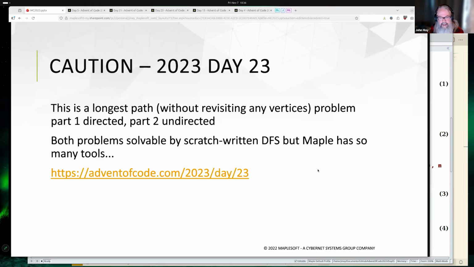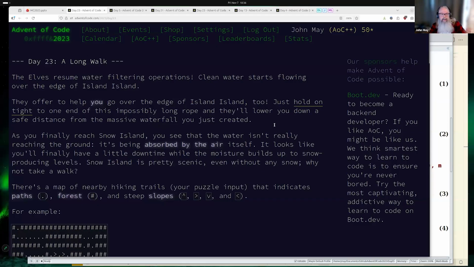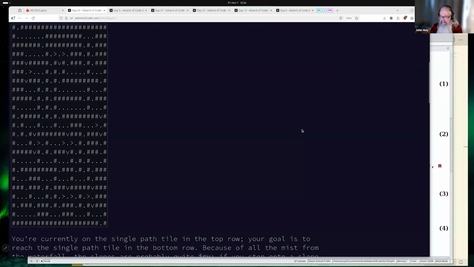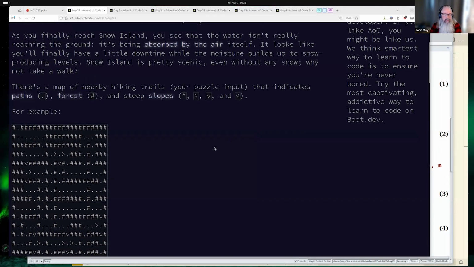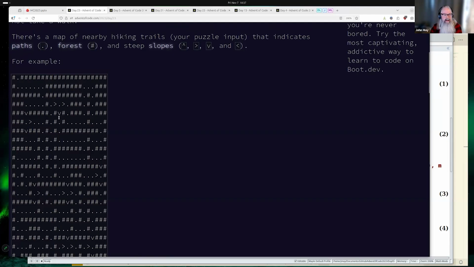This is the day that inspired me to ask for the longest path command, and we didn't have one at the time. I've written a blog post about mazes in Advent of Code as well, because so many things are mazes, and they're always pretty to look at. Here we have an ASCII maze.